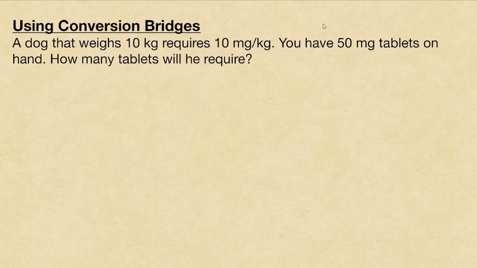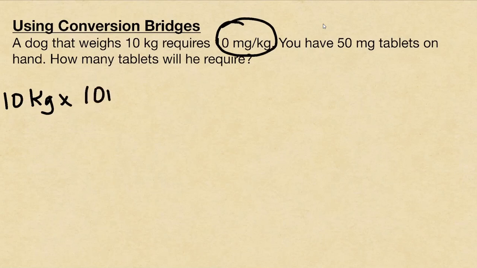So let's go ahead with our starting factor. We know the dog is 10 kilograms. And then we're going to say, well, for every kilogram, it's 10 milligrams. So I'm going to say 10 milligrams over here for every kilogram.